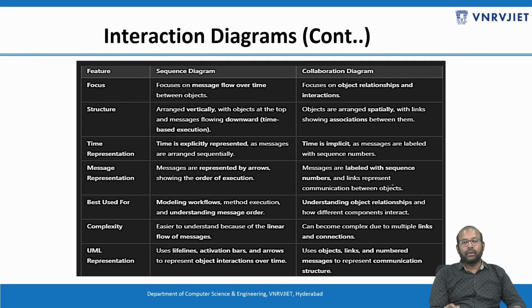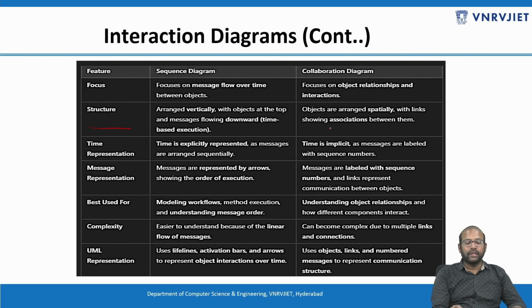And there are some differences between the sequence diagram and collaboration diagram. One is focus. Sequence diagram is focusing on the message flow over time between the objects. But the collaboration diagram is focusing on the object relationship and interaction, but not on time. Coming to the structure, the sequence diagram is arranged vertically with objects at the top and messages flowing downward.